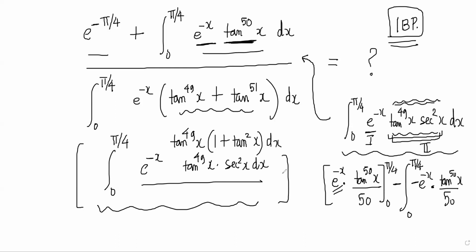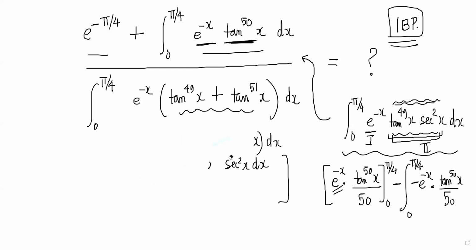Correct? Yes, sir. The value of this integral will come out to be basically e power minus pi by 4, and this will be 1 by 50.